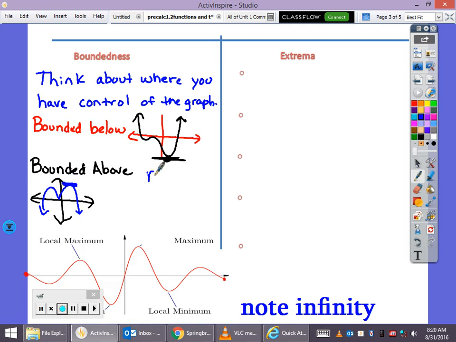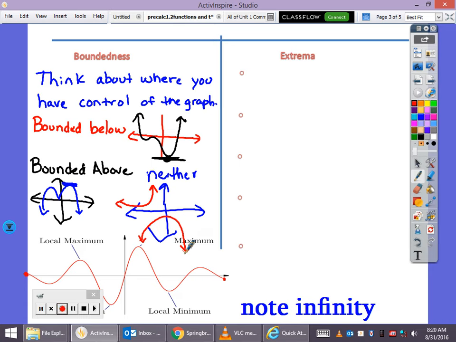So neither would be something, sorry, like this. Because these are heading off to infinity. So I don't know where the maximum is eventually going to be. I don't know where the minimum is going to be because these are headed this way. Okay?